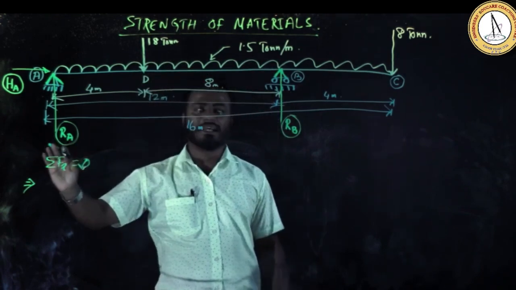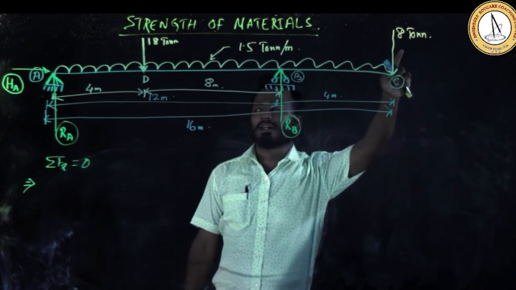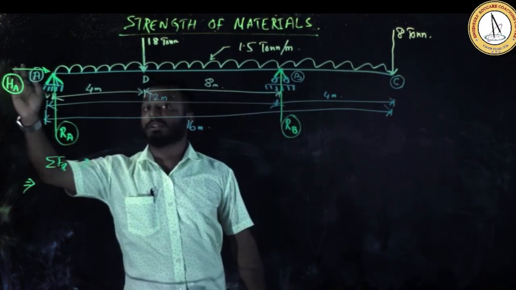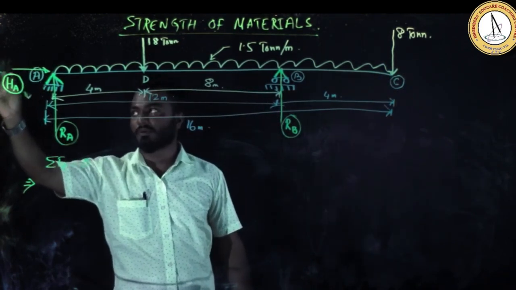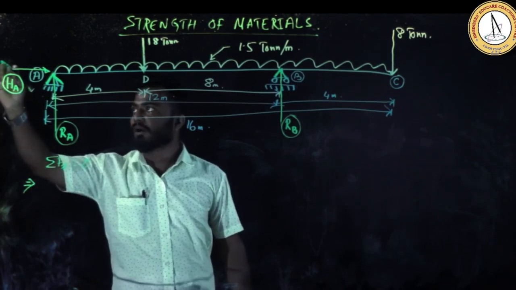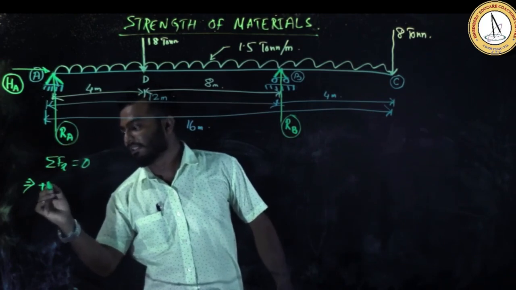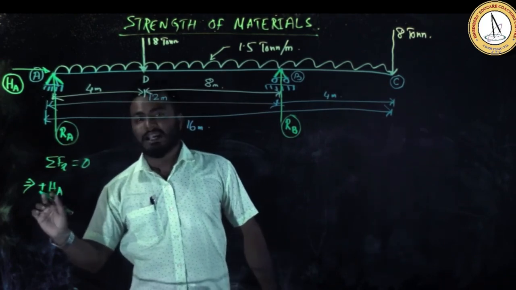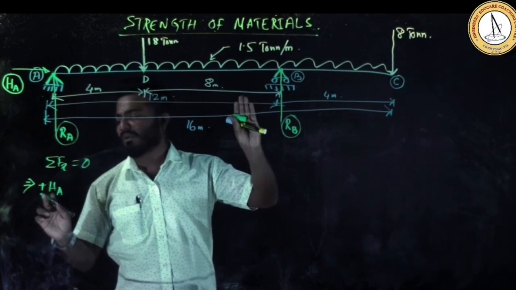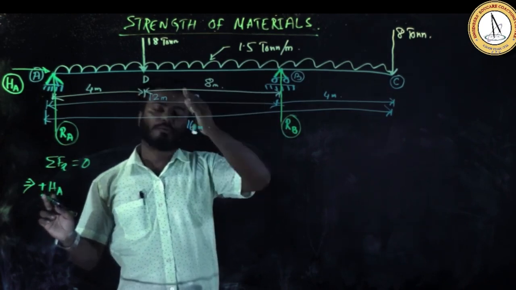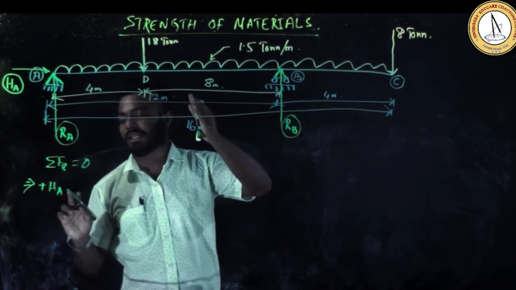RB is not horizontal, RA is not horizontal, 8 ton is not horizontal. Only HA, which I have assumed is present, we don't know the magnitude, and we have also assumed the direction in the rightward direction. Say rightward is positive, HA rightward positive, then any remaining x-directional forces in the leftward direction I will consider negative.